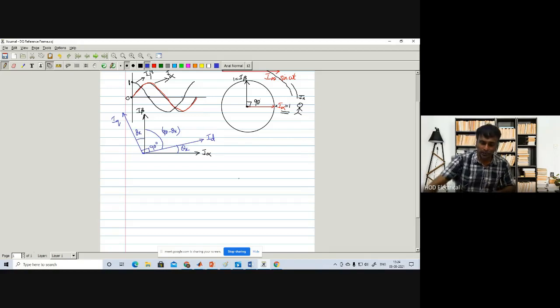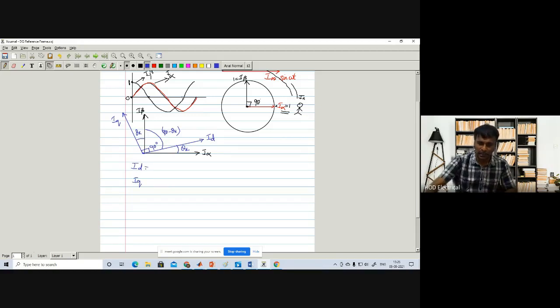Now whenever theta x is equal to 0, I alpha and ID are on the same axis, we will assume that it is the maximum value. It will be the same axis. So accordingly, using the projections, we are going to write the equations of ID and IQ.